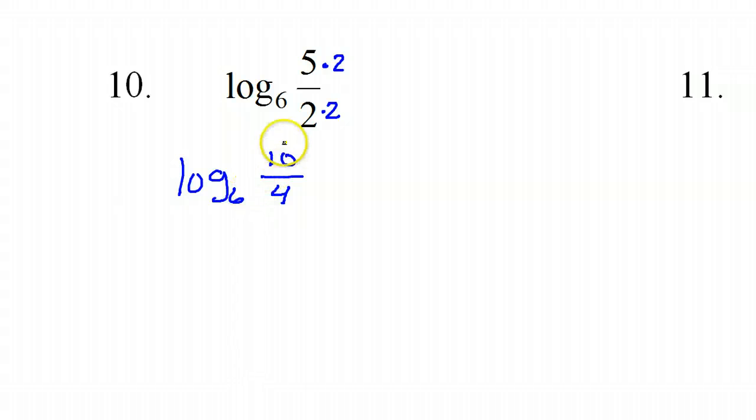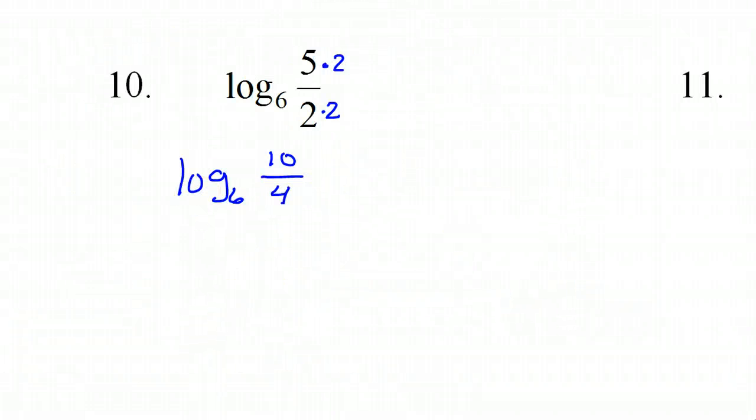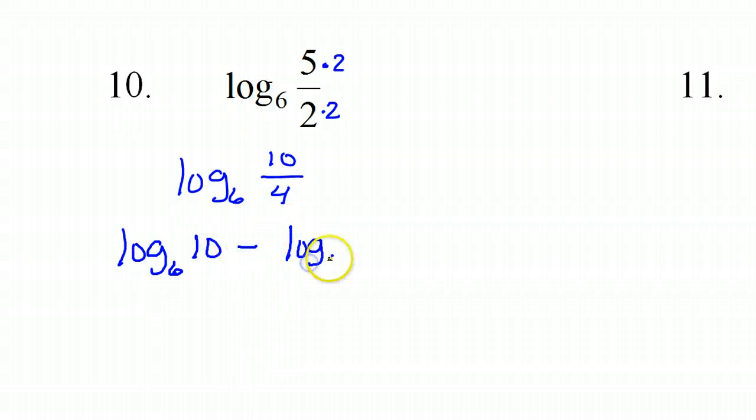So look, we wanted 10s and 4s, now we have it. Let's use the second rule, where division becomes subtraction. So then this becomes log base 6 of 10 minus log base 6 of 4.